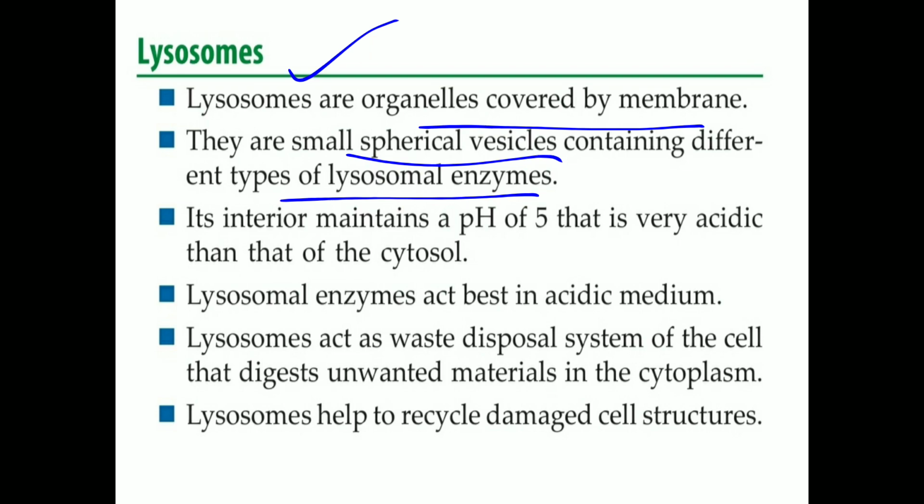The interior of the lysosomes maintains a pH of 5, which is much more acidic than that of the cytosol. The enzymes present in the lysosomes act best in acidic medium. The pH is 5 and it is acidic.